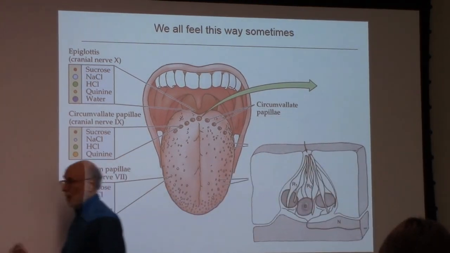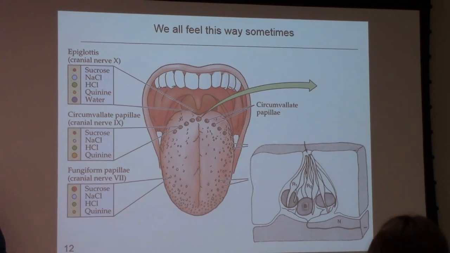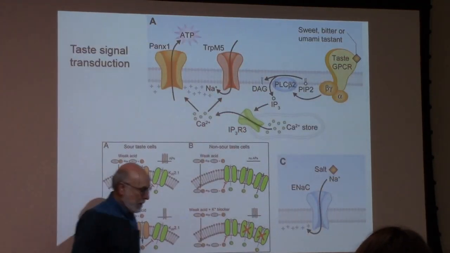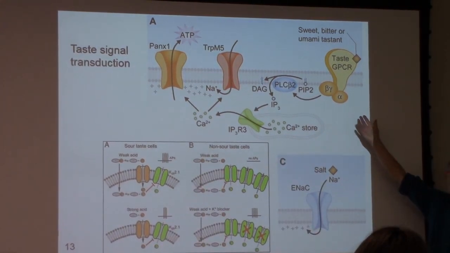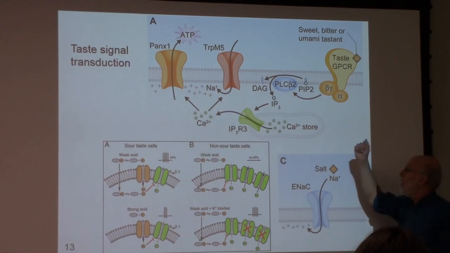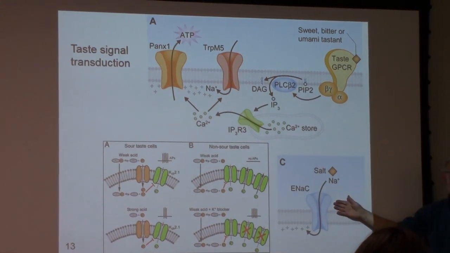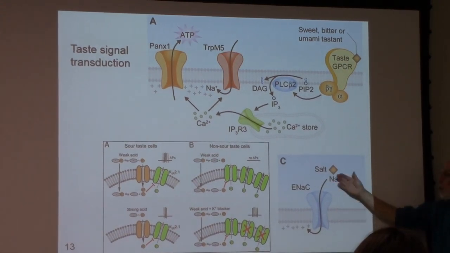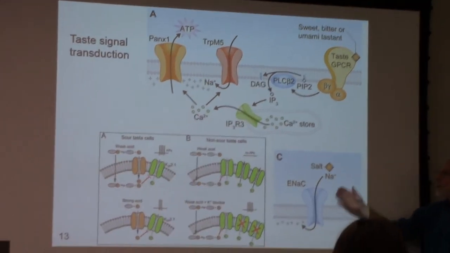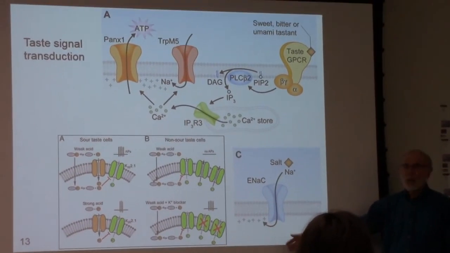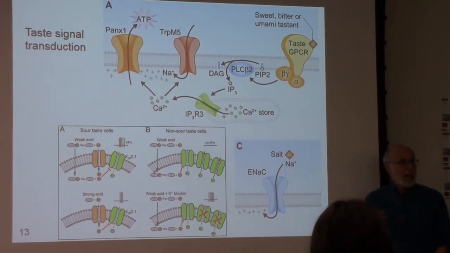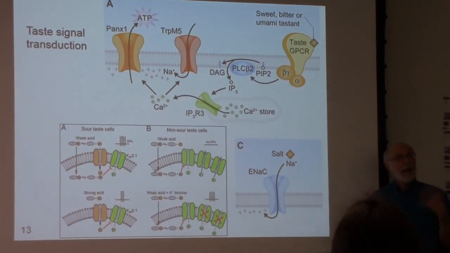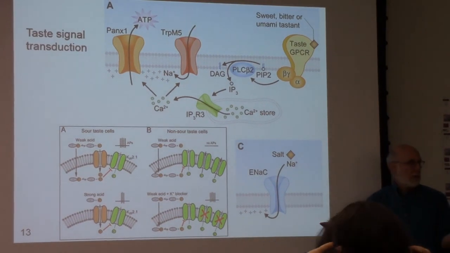So for taste, for bitter, umami, and sweet, you've got to know the GQ story. For salt, you simply have to know that it's a sodium channel. Salt is sodium chloride: sodium influx, depolarization, voltage-gated calcium channels, calcium influx.